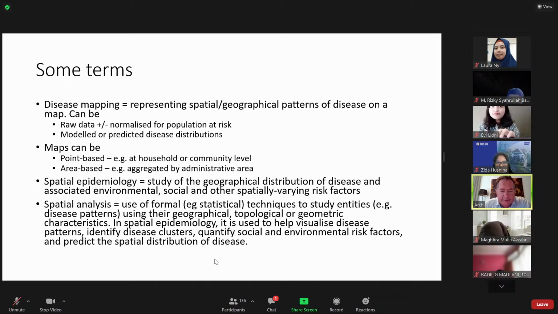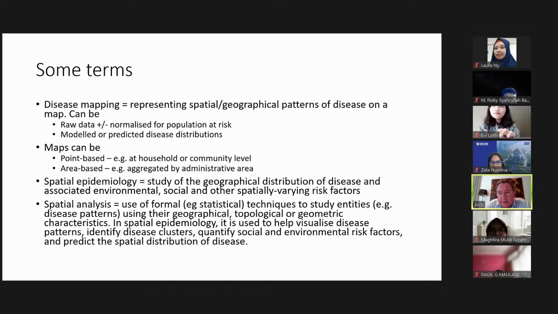I will also briefly describe what I mean by spatial prediction. Spatial prediction is where you make a number of observations in a sample of locations across a study area, and that might be through a survey. Then you use that information in a model to estimate the value of a parameter of interest, which might be disease prevalence across the entire study area.